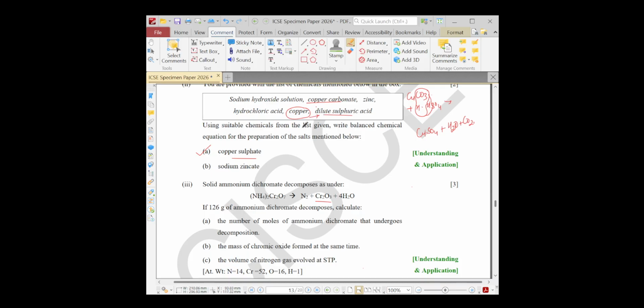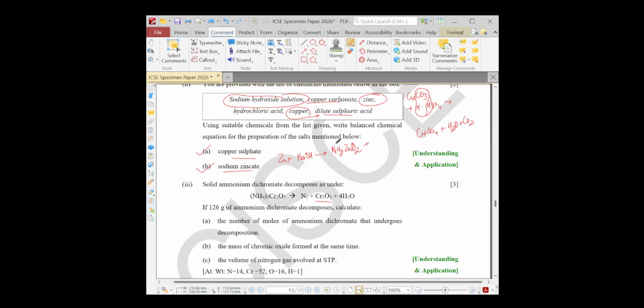No, in that case the reaction is not going to take place. Okay, next we take sodium. We have to prepare the salt sodium zincate. So for sodium zincate we need zinc. We can take zinc and sodium hydroxide solution.